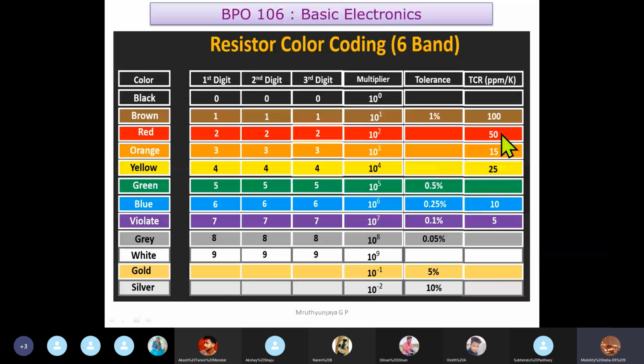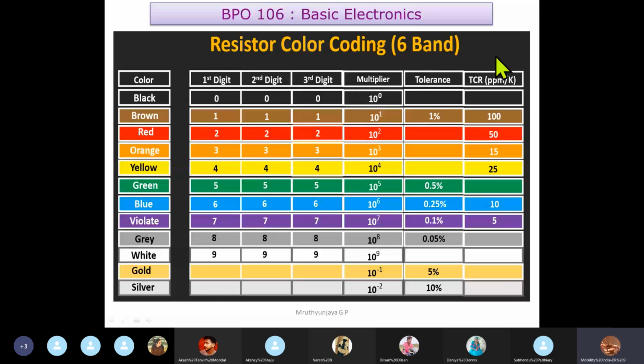In very highly temperature sensitive applications, we will have to be very much concerned about the variation of resistors in the circuits, in the electronic boards. The resistors used where the application is very highly temperature sensitive must be very stable.